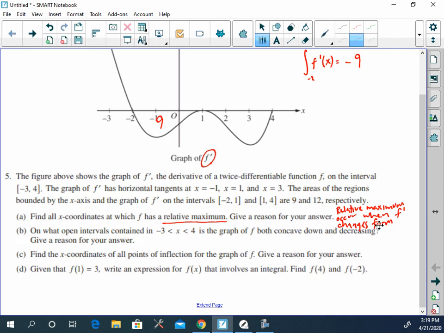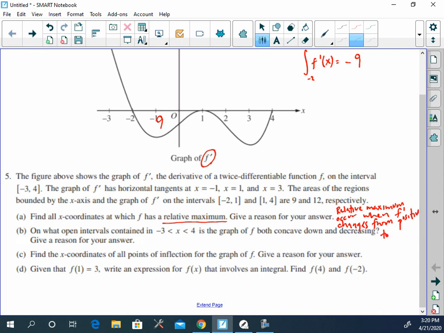If we want a maximum, we want the function itself changing from increasing to decreasing. Then we're going to have a maximum at the top of that. So we would want the derivative, or the slope, to change from positive to negative.